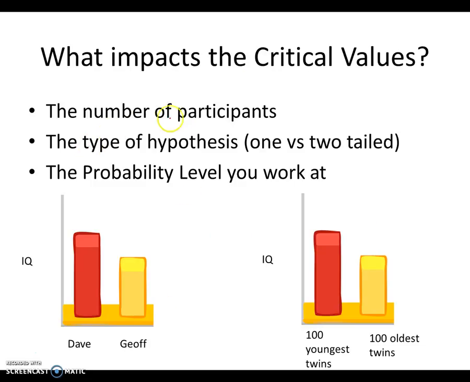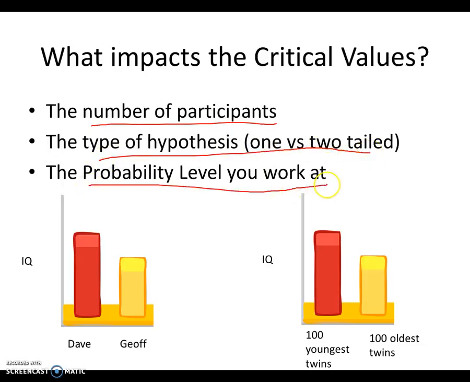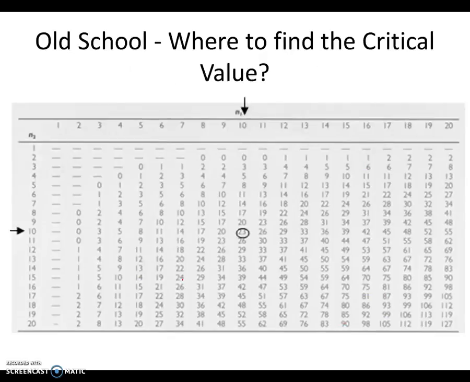How do you find them? Well, the number of participants is important, the type of hypothesis, whether you've got a 1 or 2 tailed, and the probability level you work at. Here's how you find them. You find the critical values in a critical value table. These are in the back of old crusty textbooks, or shiny new stats books. This will be a page that has a title of Mann-Whitney U, one-tailed, p is less than or equal to 0.05.